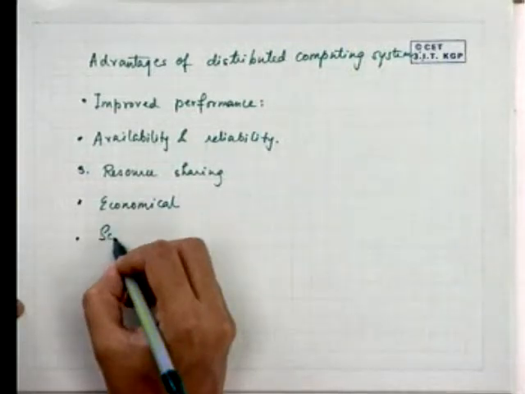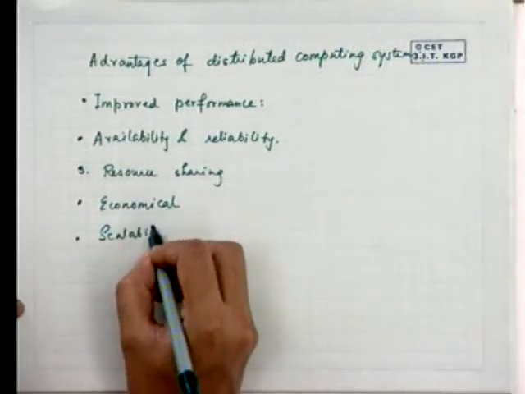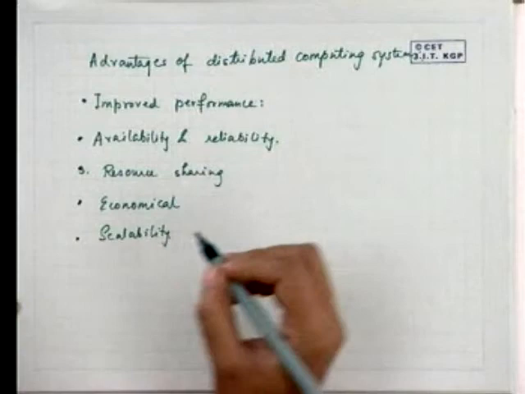And fifthly is the issue of scalability. We can keep on adding systems and the system is completely scalable. However, there are certain problems and challenges which have to be solved in order to make distributed computing systems more attractive.